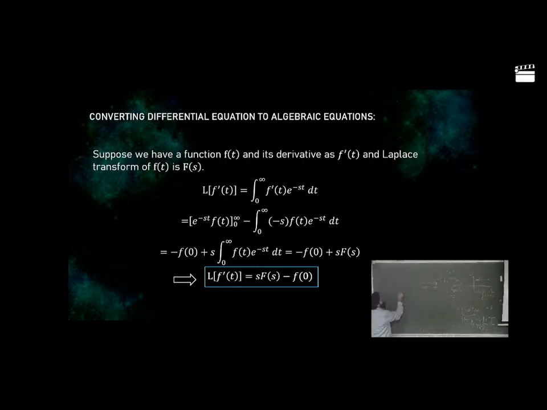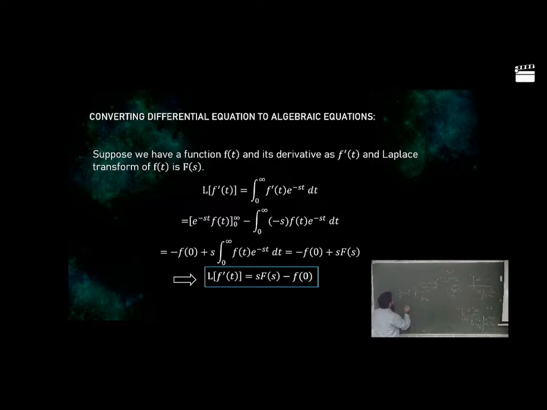See the Laplace of sin ax: if you do it by the traditional formula and integrate by parts, you will get a by (s square plus a square). This is the basic Laplace of sine.